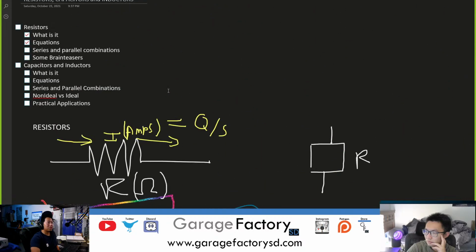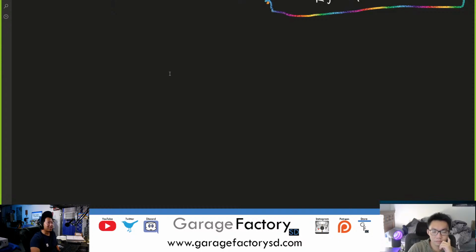What else? Brain teaser. Alright, Ray, here's a question for you. From what we learned so far, I want you to solve for the REQ of this combination.